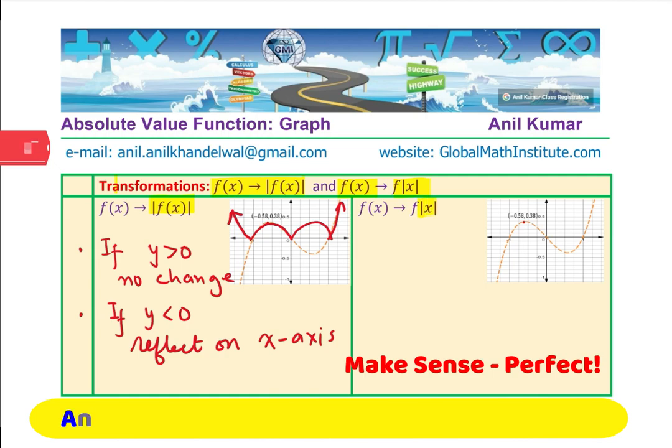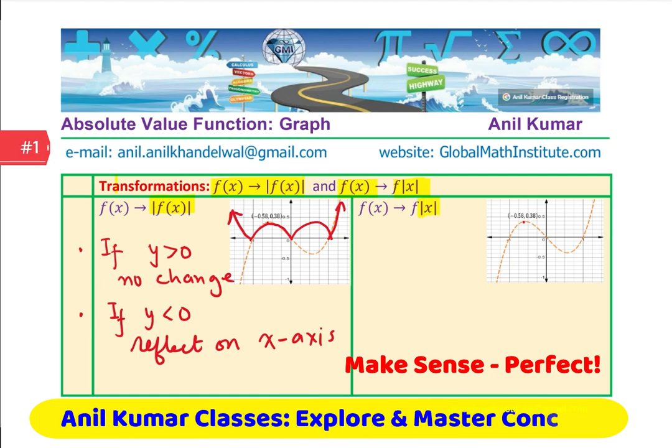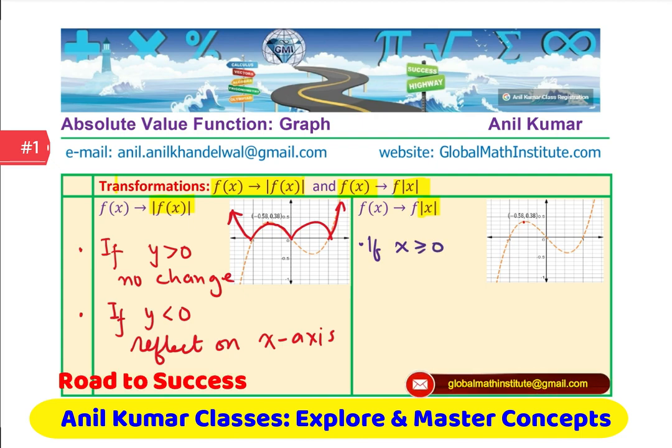Now let's look into what really happened when we took f of absolute value of x. Right? These are two very different things. Now, in this case, if x is greater than or equal to 0, then there is no change. So that means this part remains same.